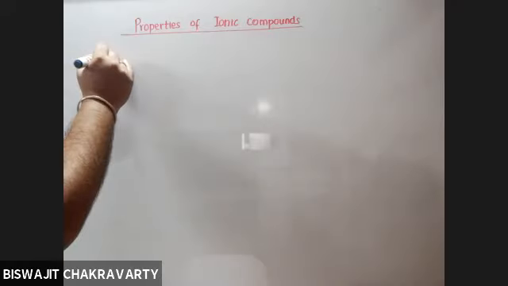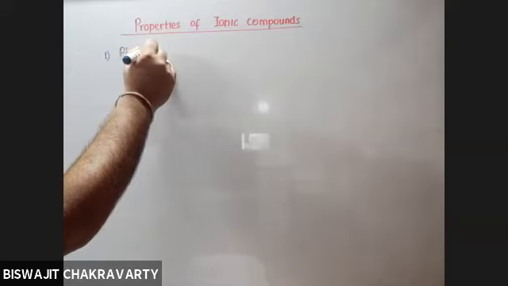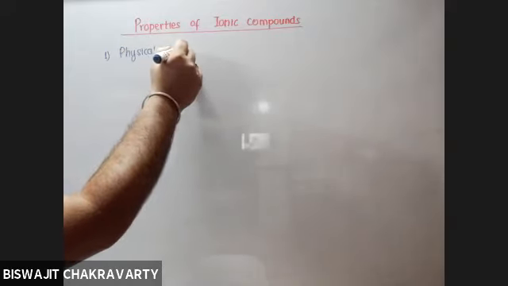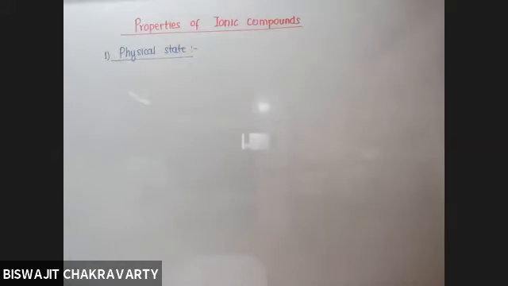At first, let us talk about the physical state, whether the ionic compounds will exist in solid, liquid, or gaseous state. I told you during the discussion today itself that all ionic compounds are crystalline solids. They are very stable, and not only are they stable, they are very disciplined.